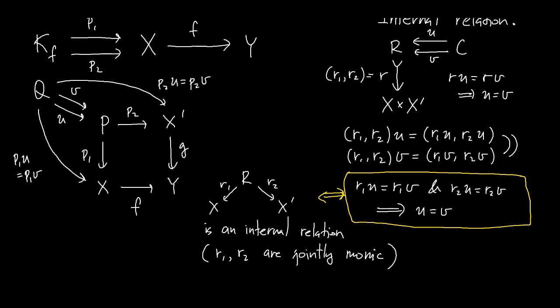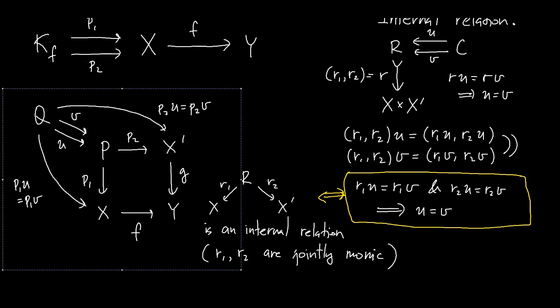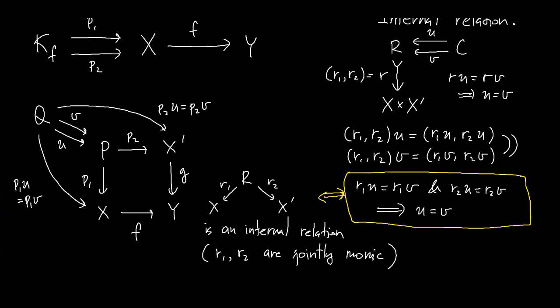Now, can you tell me why this diagram suggests that U and V must be equal? Anyone who wants to say? Not from the universal property of the pullback. Yes, it is so.